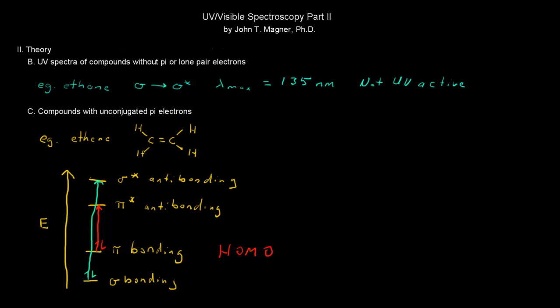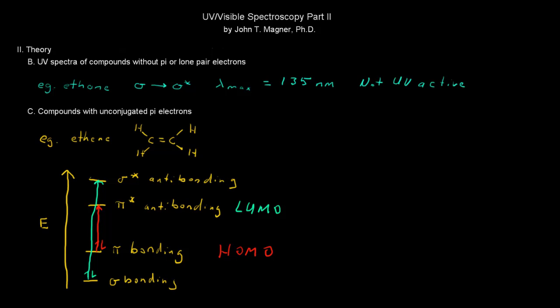The HOMO in ethane would be the sigma bonding orbital. And the most likely transition is from the highest occupied molecular orbital to the lowest unoccupied molecular orbital, and that's given the term LUMO. So for ethene, the LUMO is the pi star antibonding orbital.